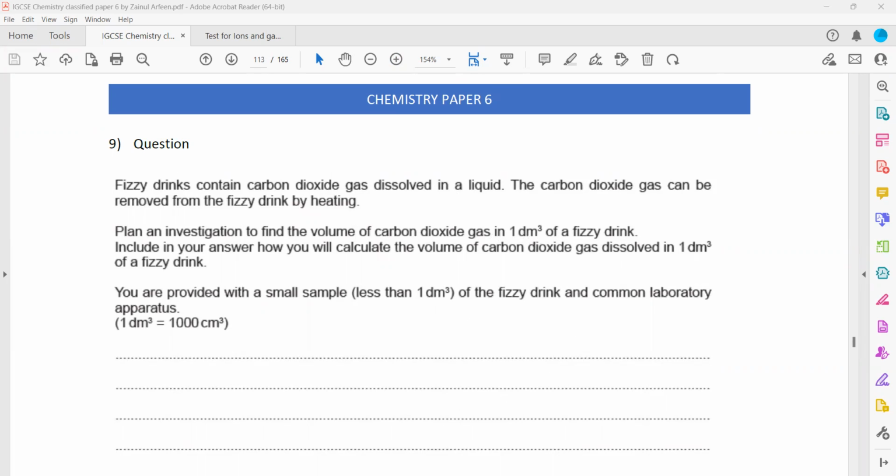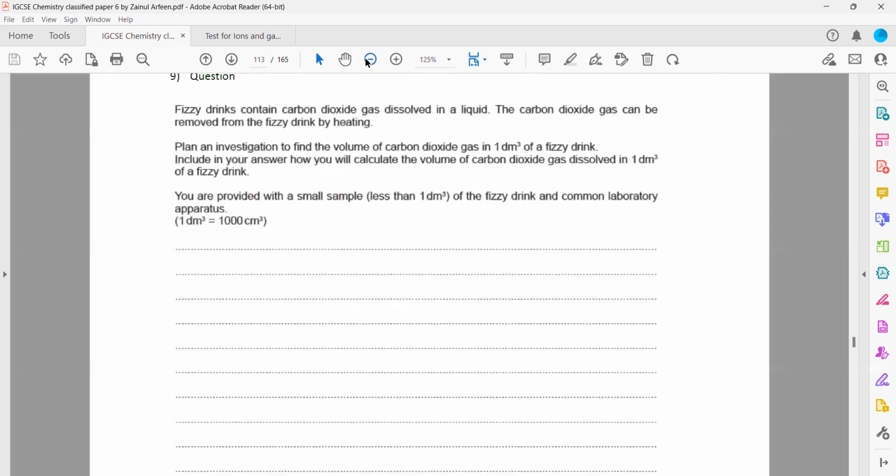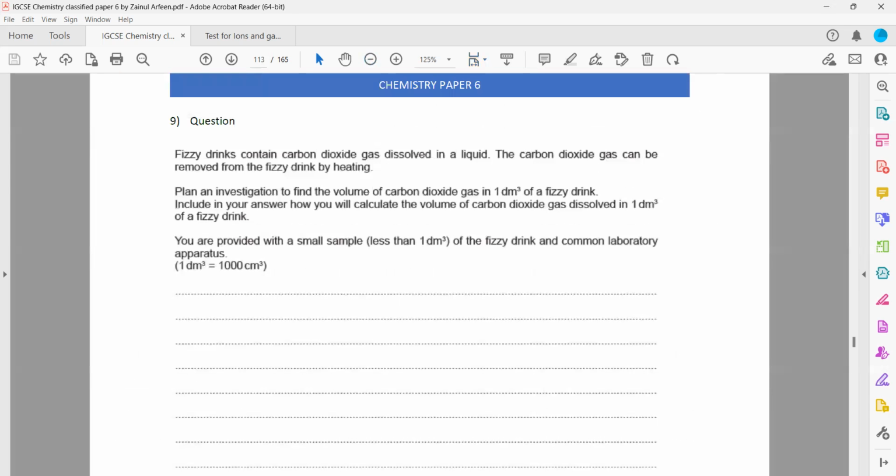So we have to plan how we can work out what volume of gas is dissolved in this. Anyone want to answer how we can carry this out? We will take the sample we have and then heat it. And then we will also place a gas collection apparatus. Or we can deduce the volume of gas from the change in mass.